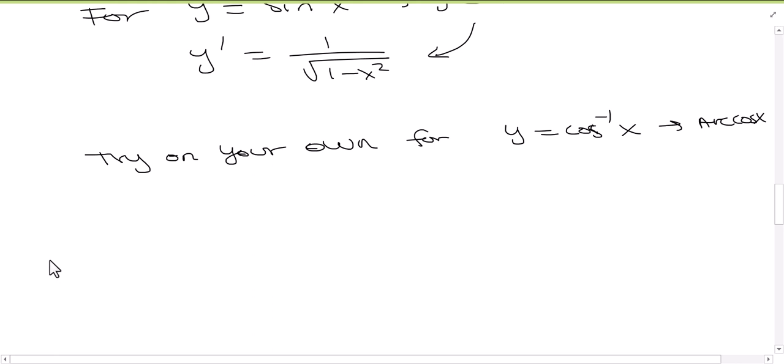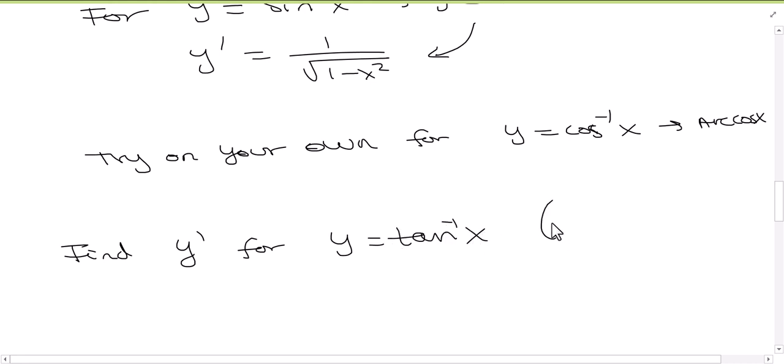Now we'll do it together again for what about the derivative of arctangent. So let's find y prime for y equals inverse tangent of x, right? Also known as y equals arctan of x.